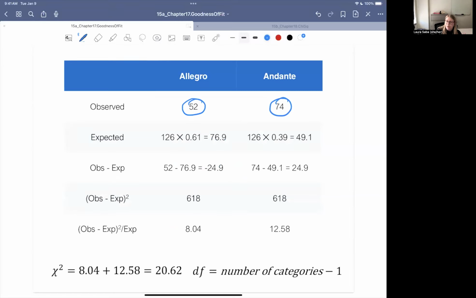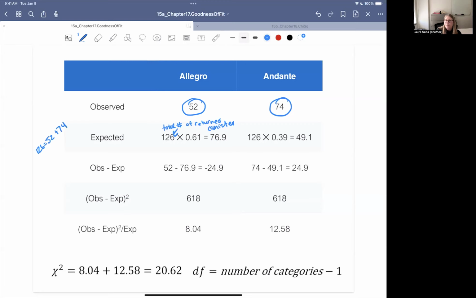So what we're going to do is compare that to what we would expect to see if our 2 machines were equally reliable. And so to get to that, we take the total number of returned canisters, which is this 126. It just comes from the 52 plus 74, right?